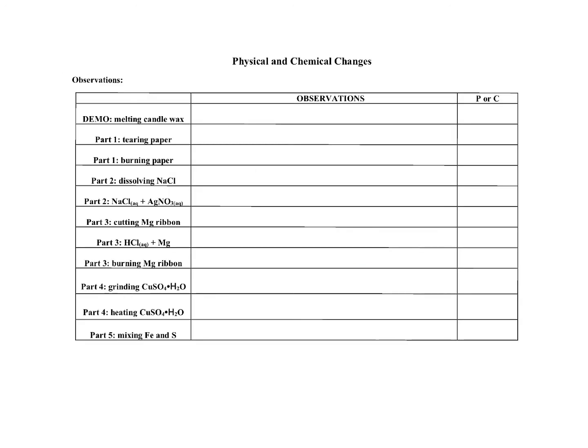And then finally, we have our data table where you'll write down detailed observations. So please be very specific about what you see happening. And then finally, you will label a P if this is a physical change, and you will label a C if this is a chemical change.